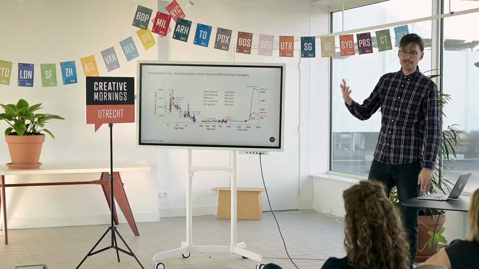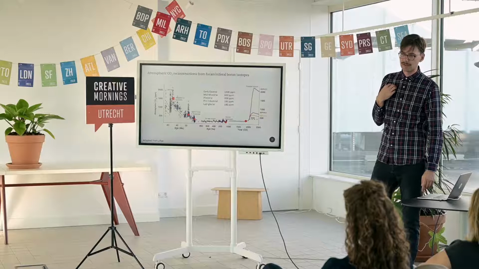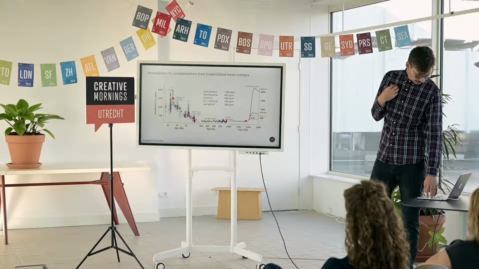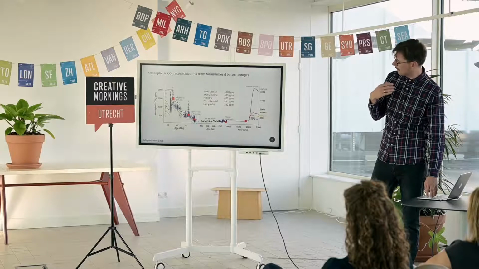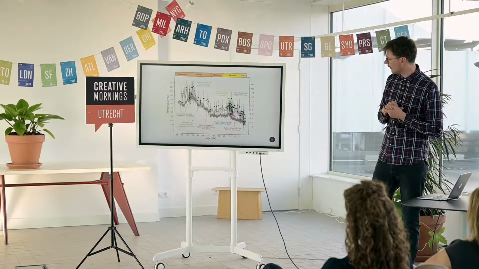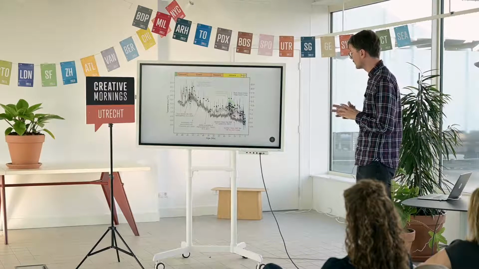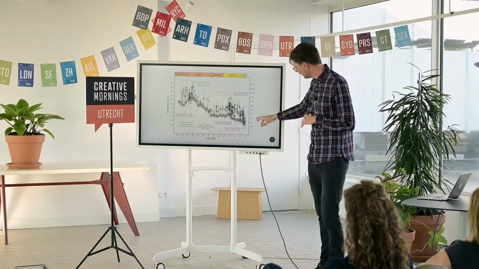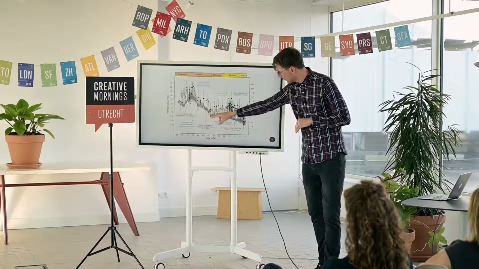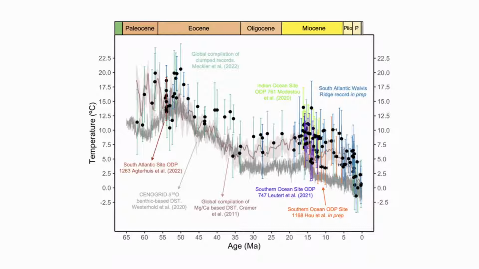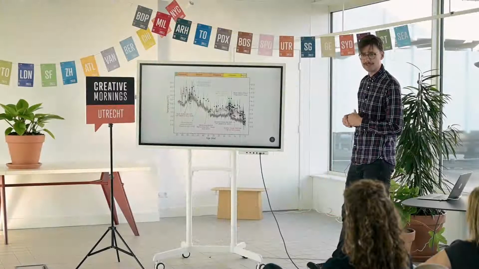And what do our deep sea temperatures look like now for the same time period? Which will give us a flavor of how the surface temperature changed. So again, we are now here. This is modern. We're going back 65 million years. And if you look at these dark dots, these are our reconstructions of deep sea temperatures through time.